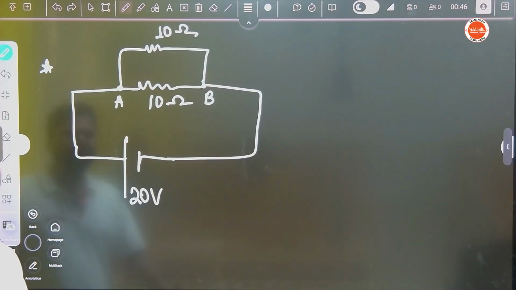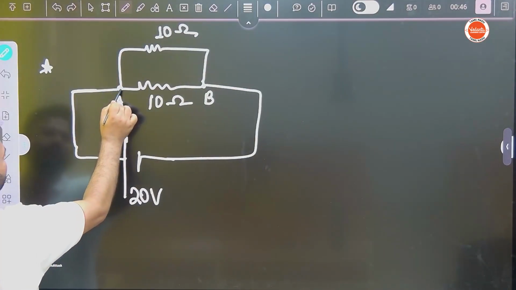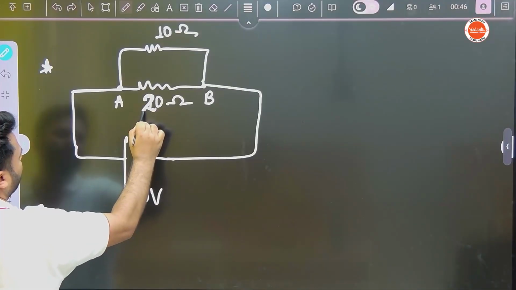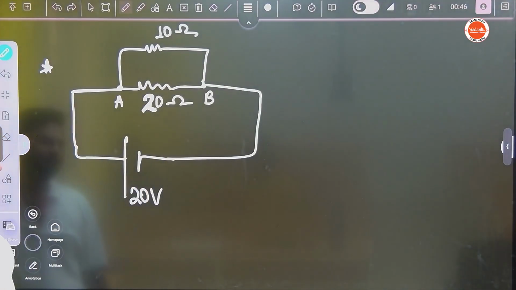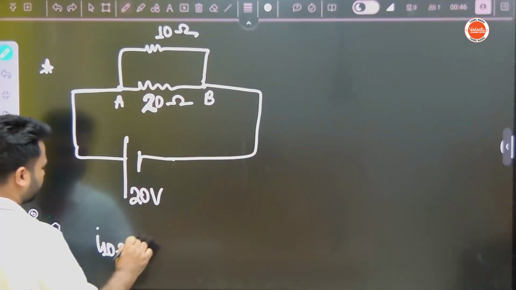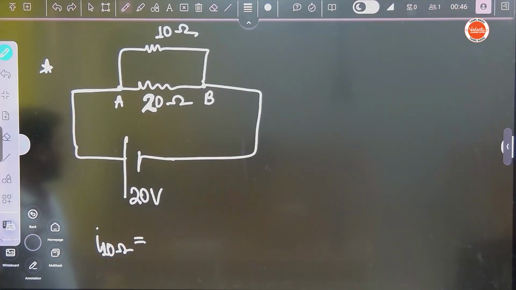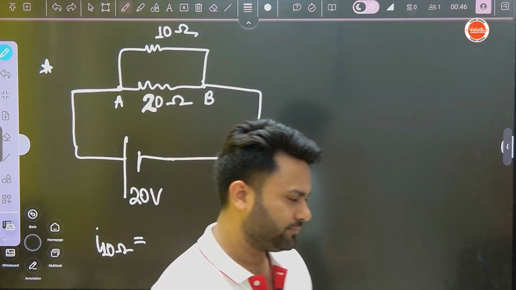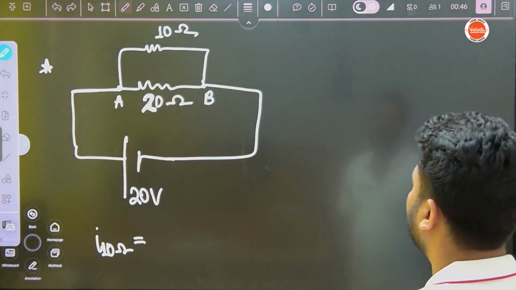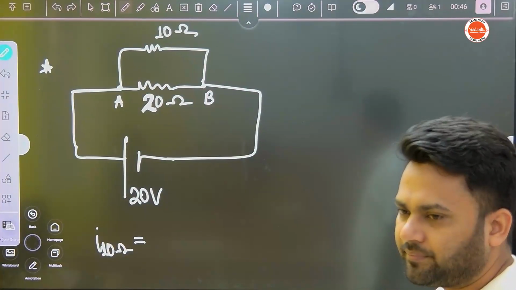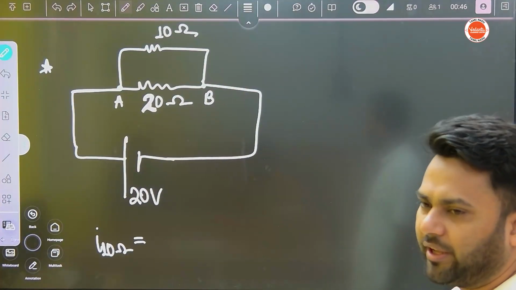You have to find the current, or you write now this 20 ohm. What is the current flowing through 10 ohm resistor? How much current is flowing through 10 ohm resistor? You have to find this. What is the current through 10 ohm resistor?